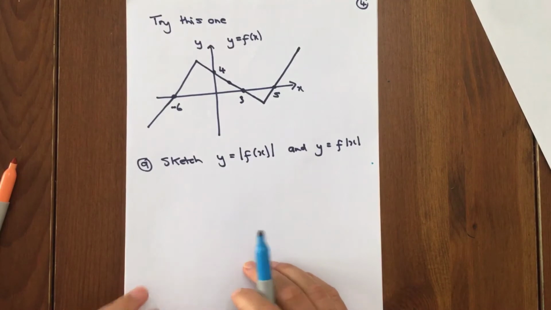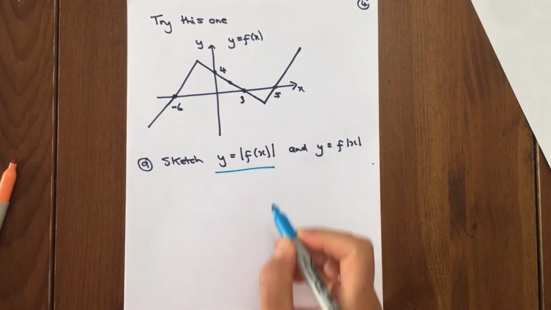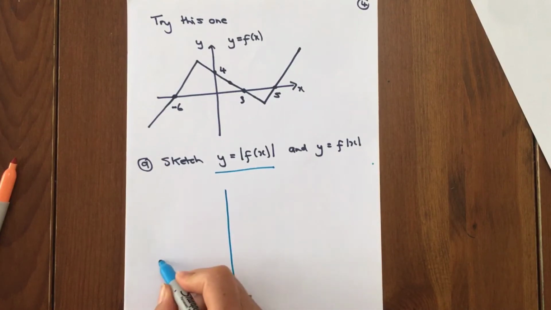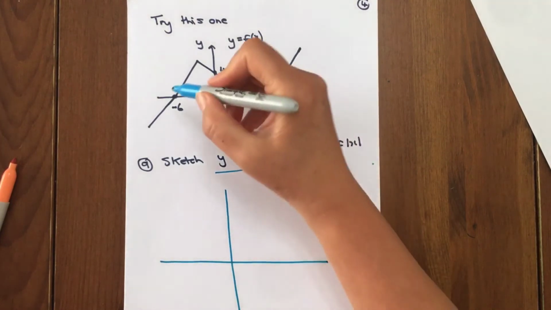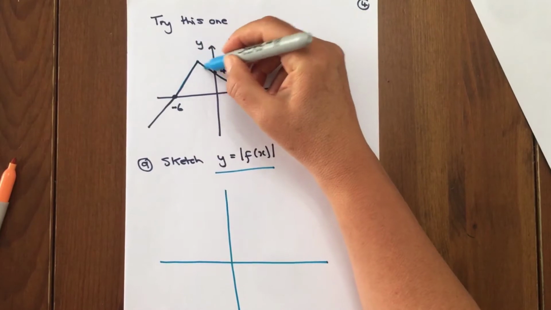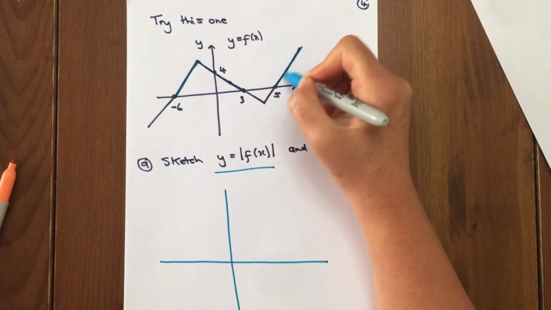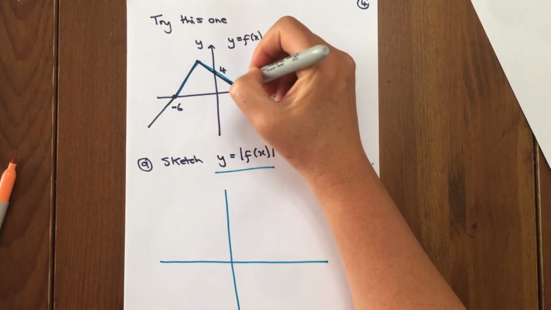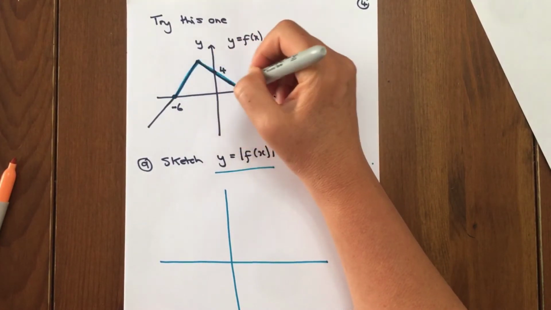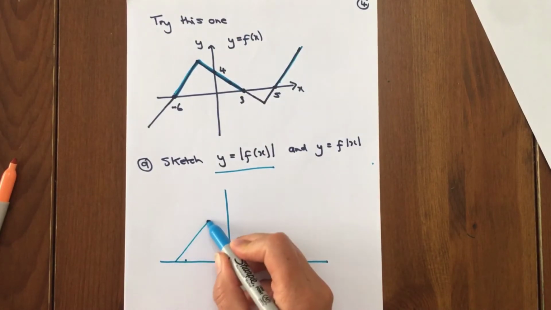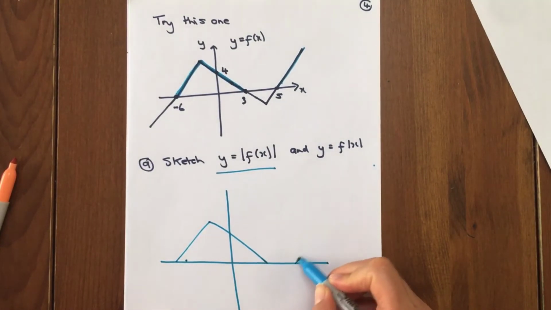Okay, so let's look at the first one, the modulus of the whole thing. Everything above the x-axis will stay the same. I might just draw it on here. This will all stay the same.